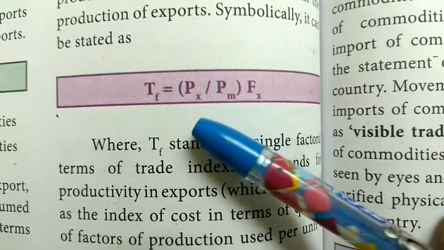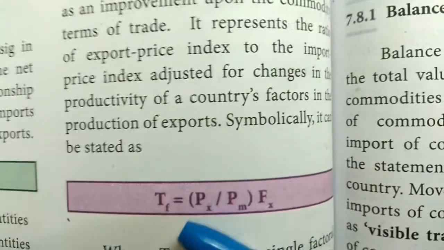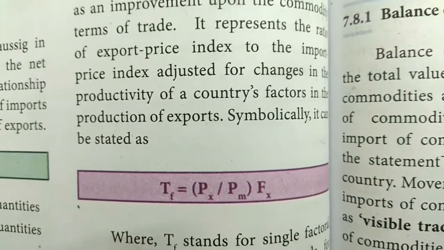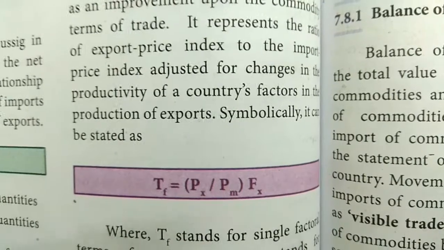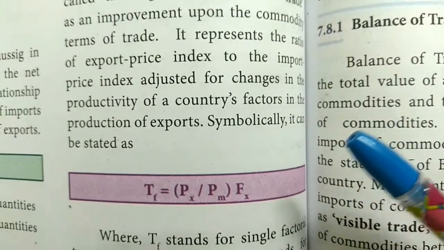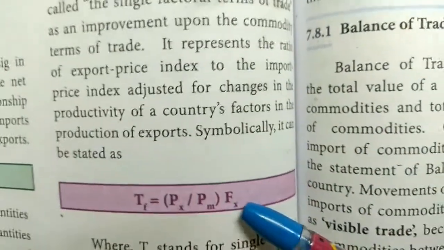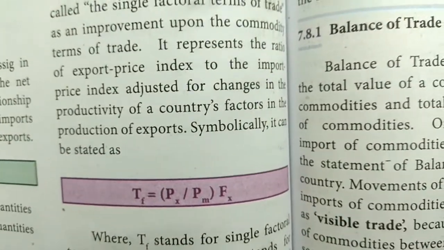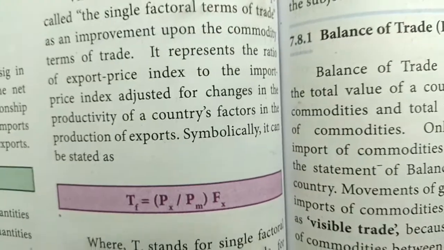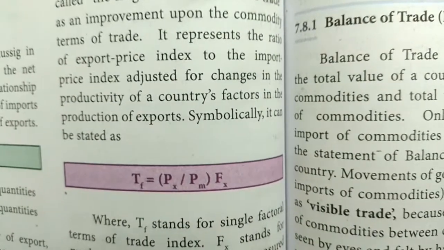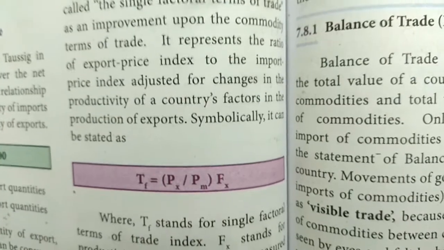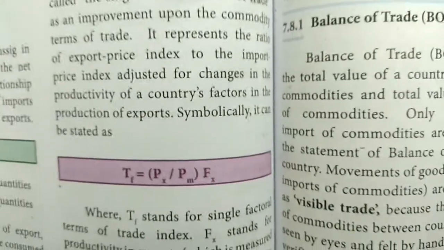So TF is the single factorial terms of trade, where FX stands for productivity in export, which is measured as the index of cost in terms of quantity of factors of production used per unit of export.